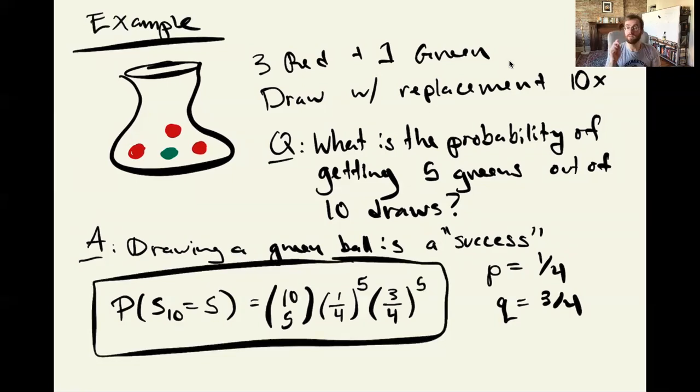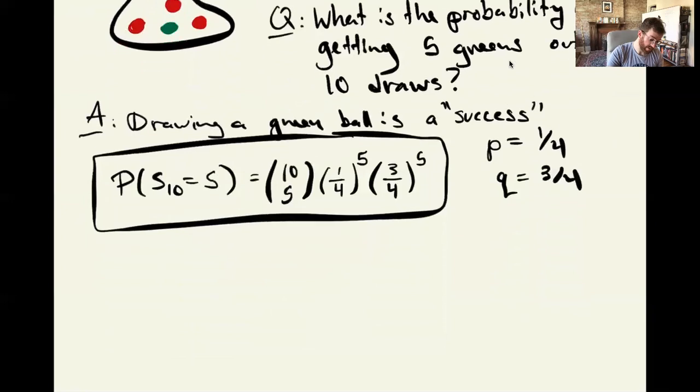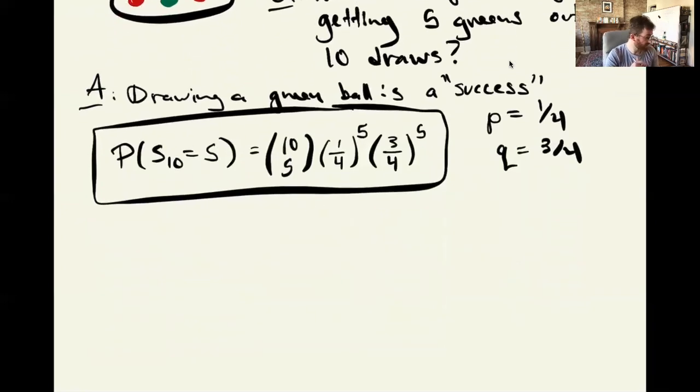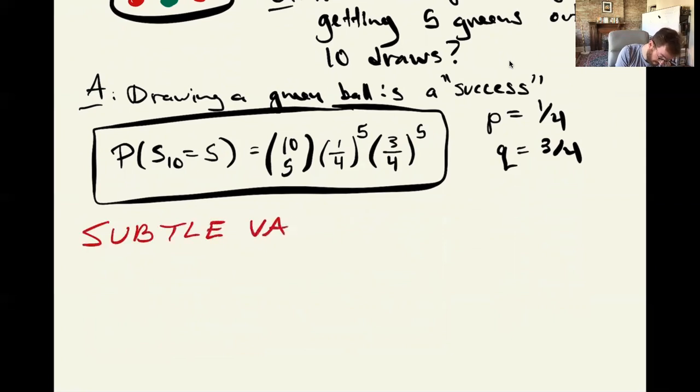Very easy once you get trained to recognize when this problem involves the binomial distribution. Now let's consider a slight variation on this question. So let's consider a subtle variation. Maybe you think it's not so subtle.